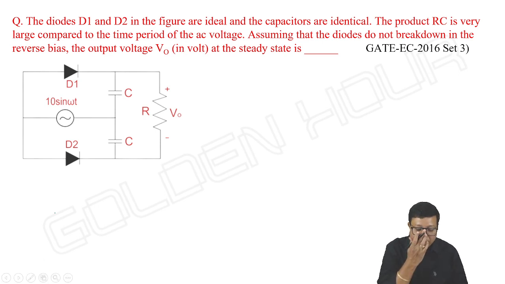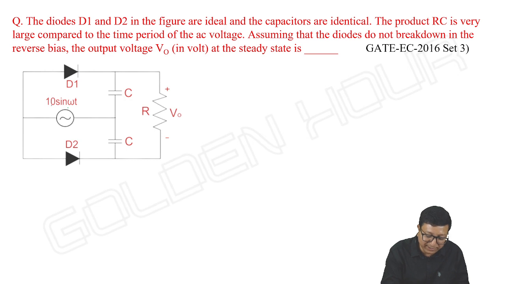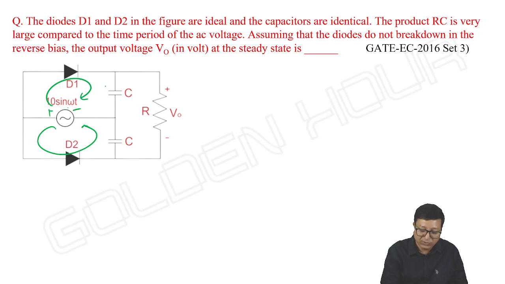See this. During the first positive quarter cycle, D1 as well as D2 both are on. So it will charge up to 10 volts, and see the direction of the current here. This will also charge up to 10 volts.